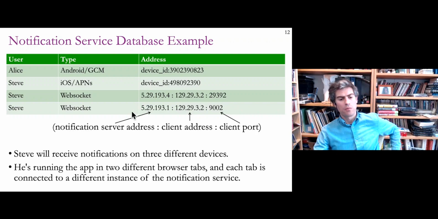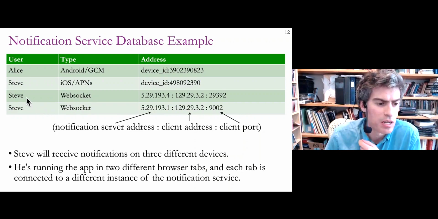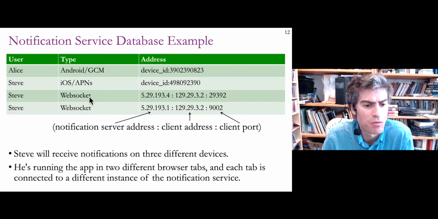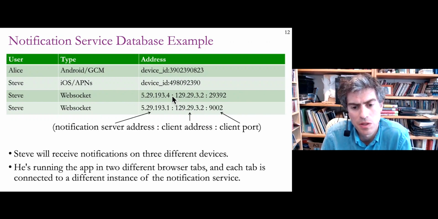This will allow the push service to find the connection. So if I want to send a message to Steve on this WebSocket that he has set up on this first browser tab, I have to get the message to the particular server that browser tab is connected to. And that's this particular instance. So I have many clones of the push service because it's a scalable system, but this is the one that Steve is currently connected to.